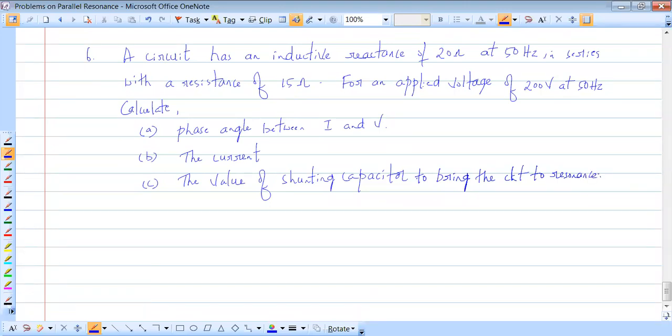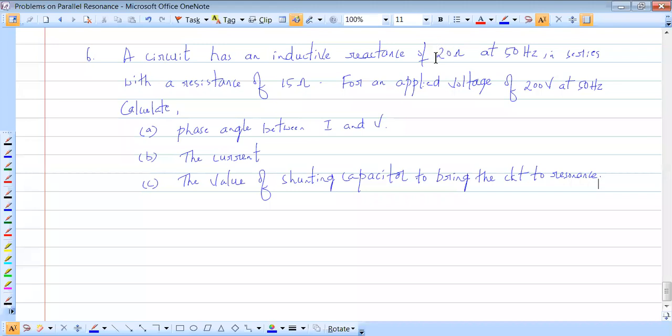Fine. Now, one thing that we need to be a little careful about is the value of reactance they have given. They have given XL to be 20 ohms. See here, reactance of 20 ohms. So here there is no j.